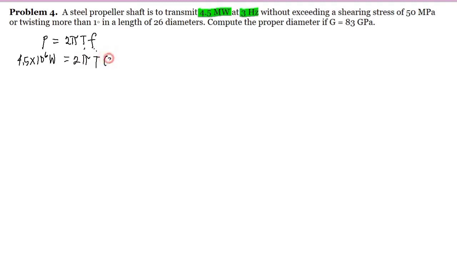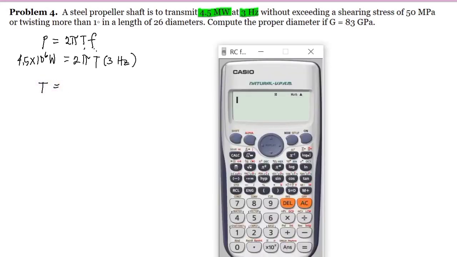So solving for the value of the torque, we have 4.5 times 10 to the 6 is equal to 2 pi times T times 3.